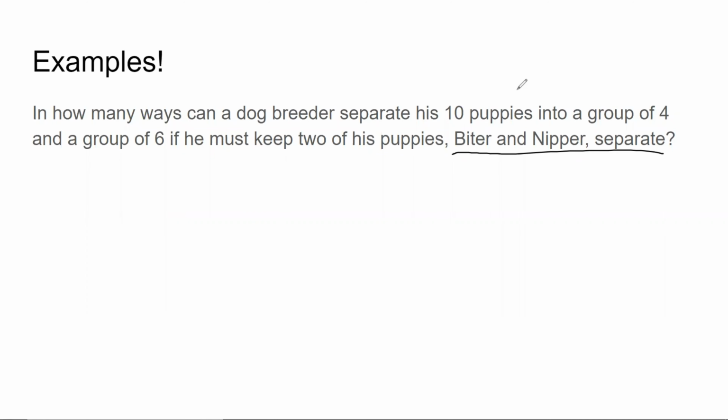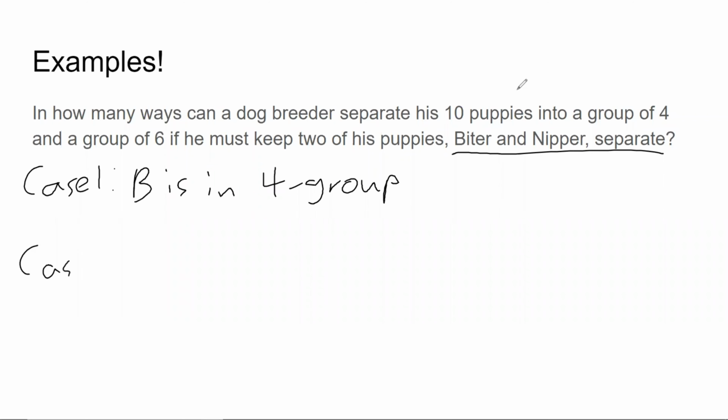So case 1: Biter, B, is in the 4 group, or the group of 4. And case 2 is when Biter is in the 6 group, or the group of 6.